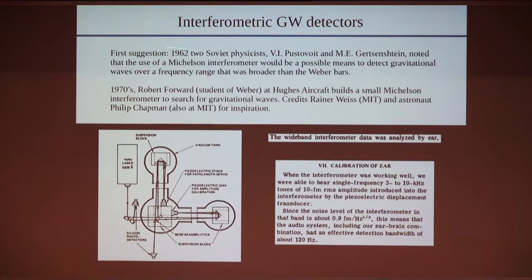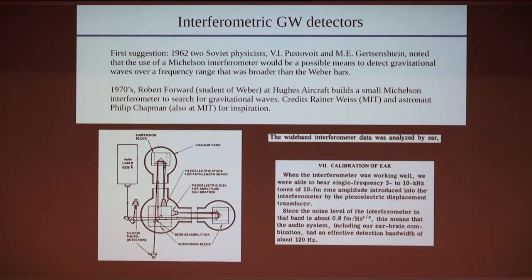As always, there were some Russian guys in the 60s that proposed to use laser interferometric detectors to measure the change of distance due to gravitational waves on Earth. But the first one who tried to design such a device was Forward, a student of Joe Weber in the 70s.